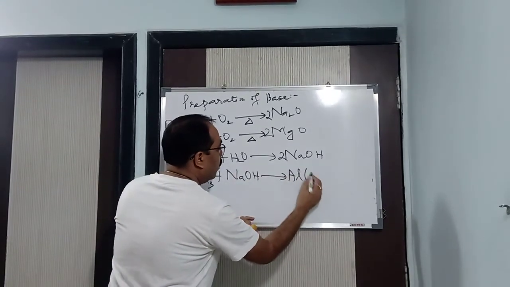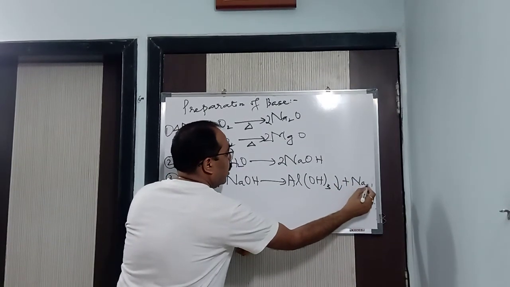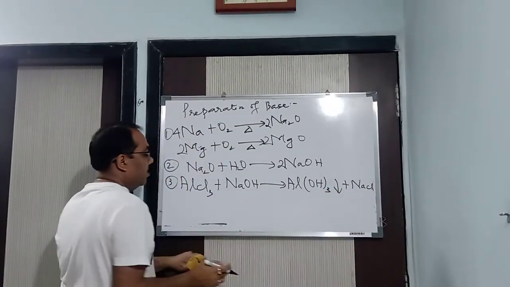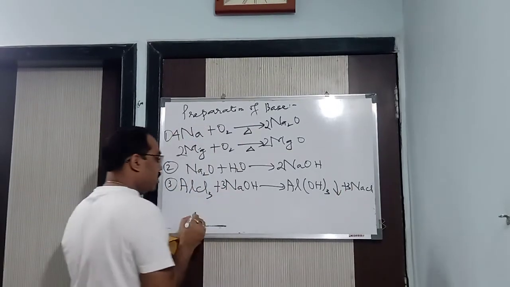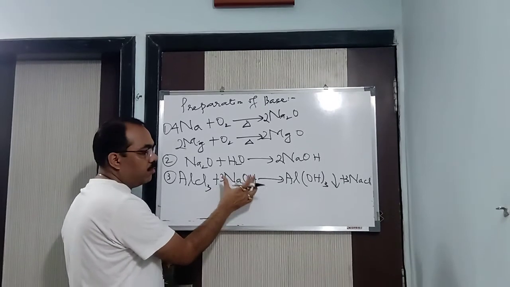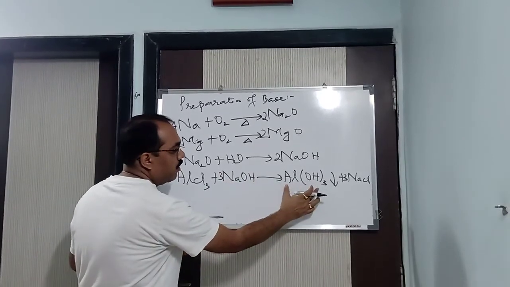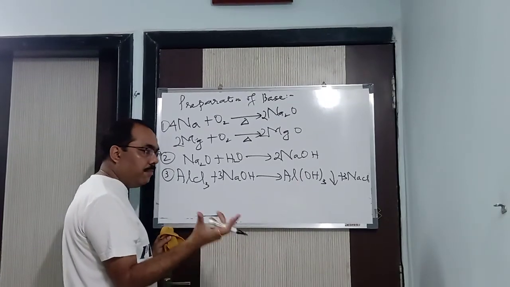It will give aluminium hydroxide plus NaCl. It's a precipitate, downward arrow. AlCl3 plus 3NaOH gives Al(OH)3 plus 3NaCl. So in this way, when a salt reacts with sodium hydroxide or potassium hydroxide, we get the respective precipitates, which are nothing but bases, basic in nature.